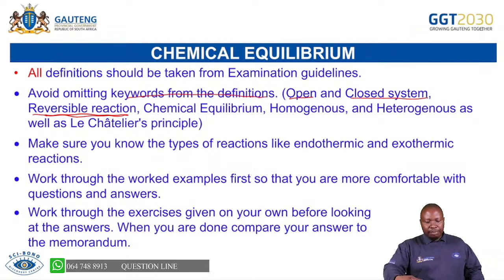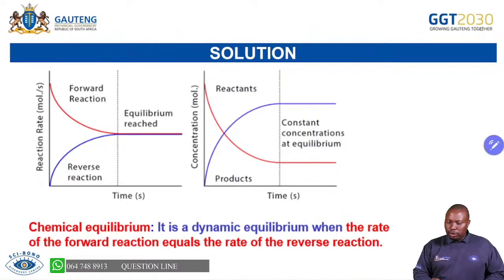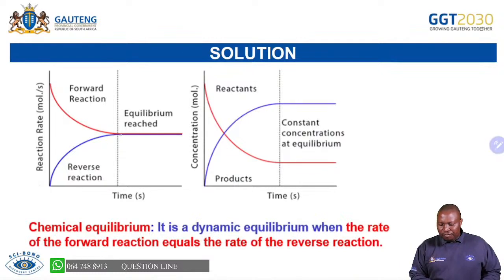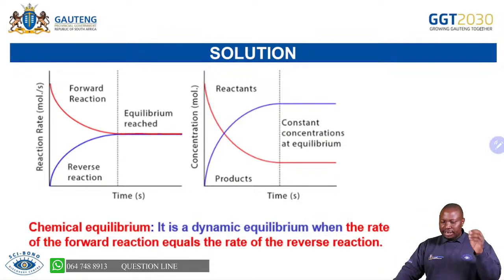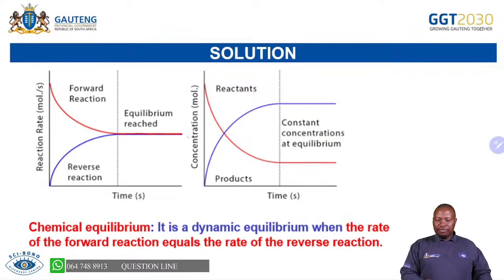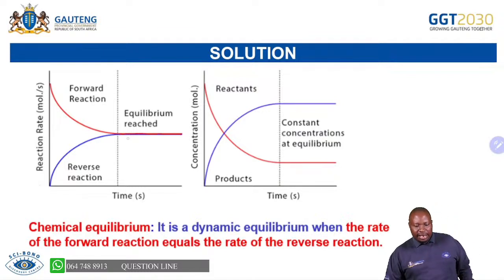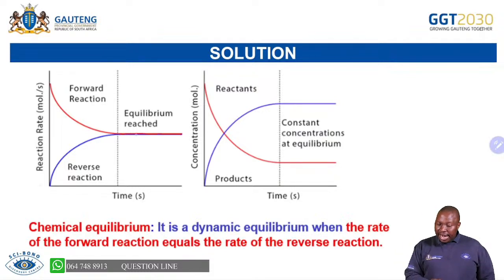And then you are able to see that when the rate of forward reaction and the rate of reverse reaction become equal, when the graph becomes like that, you know that we have reached equilibrium. So at equilibrium, the rate of forward reaction and the rate of reverse reaction are equal. And if you look here, at equilibrium, the concentration of the reactants and the concentration of the products, as we said, remain constant.